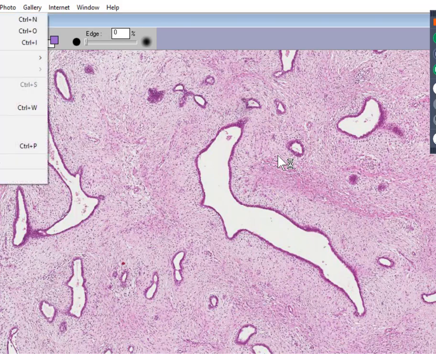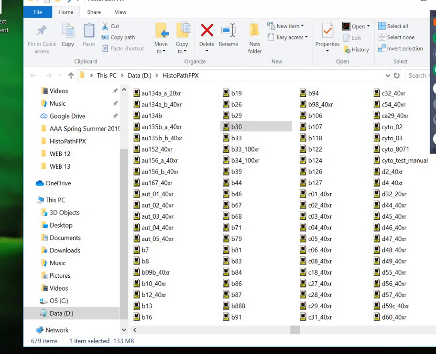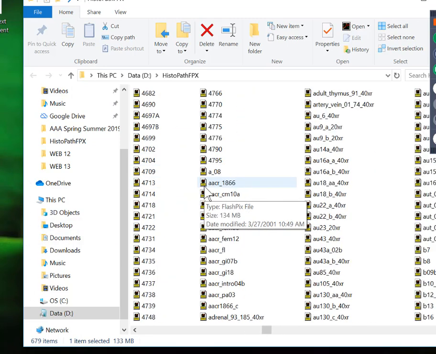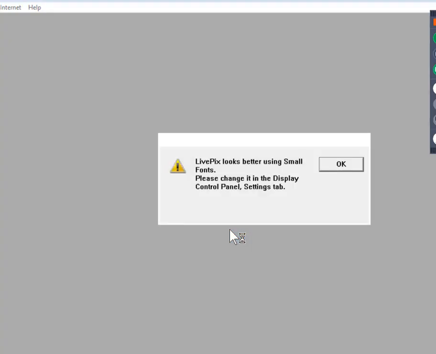Now we're still on breast, and I have a number here that's called AACR Fem06. So we go to the A's, which is going to be around here, and here it is. And once again, this may have been a density on mammogram.